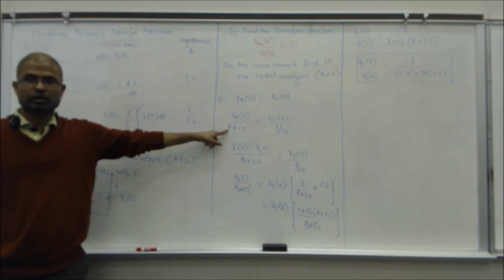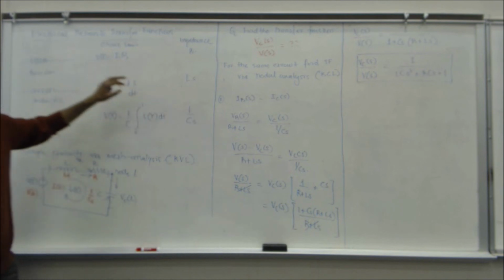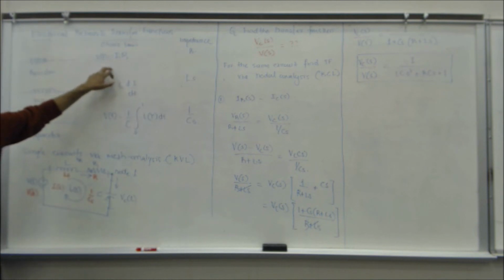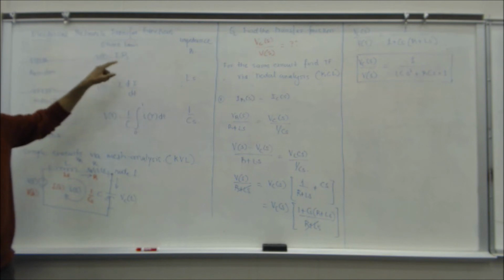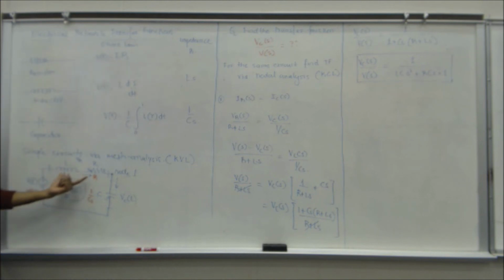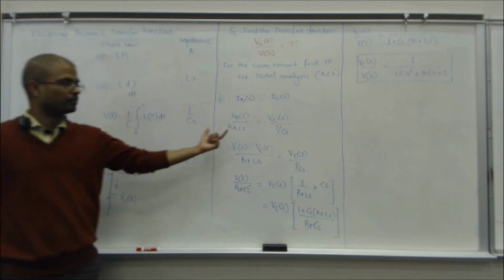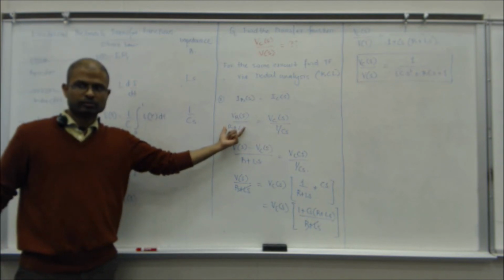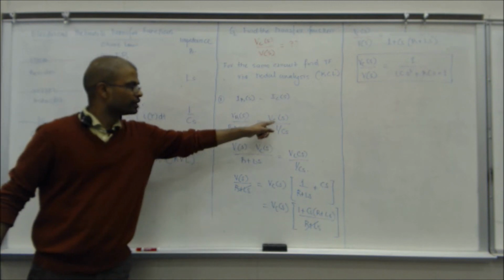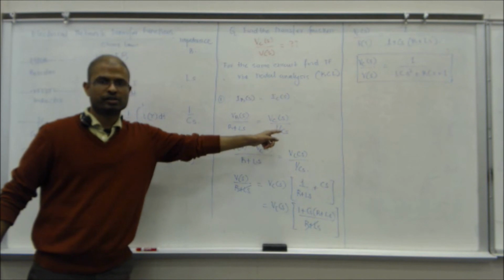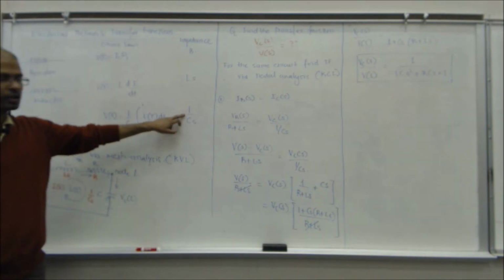You can always use Ohm's law. If V is equal to IR, I would be V over R. The resistances are in series, so we add them. And this is the voltage, okay? Is equal to, again, VC over 1 over CS, because remember this relationship.